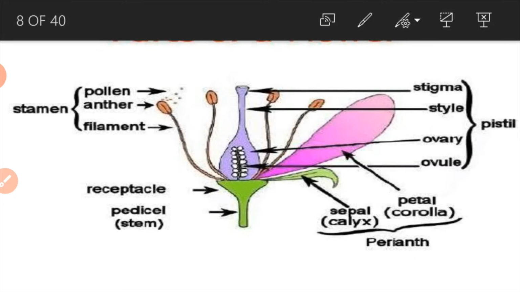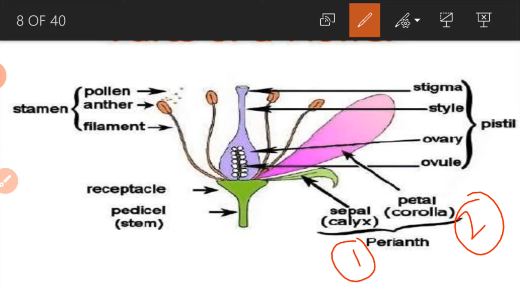Now let us see the main parts of the flower. In a flower there are 4 whorls. The outer one is the sepals, which are green in color, and it is the first whorl, and group of sepals is known as calyx. The second whorl is called corolla, and it is formed of petals.